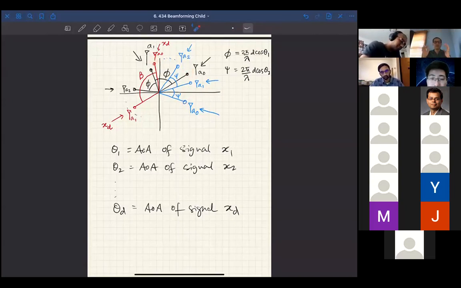Now, when you're doing delay sum beamforming, you're essentially giving a phase shift. You're essentially trying to align all the black ones. When you're giving a phase shift to each of your antennas with phi, 2 phi, 3 phi, 4 phi, and so on, you're trying to bring this vector to here, and this vector to here.